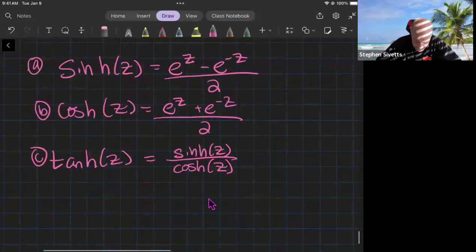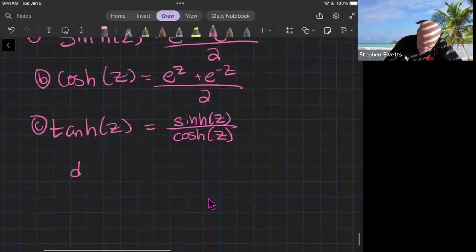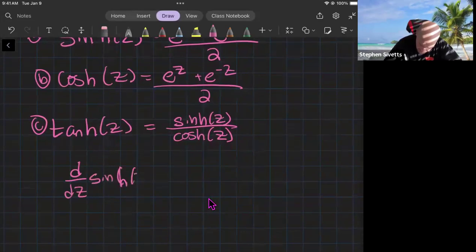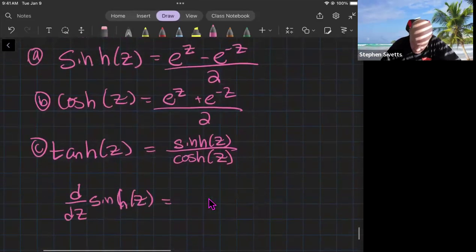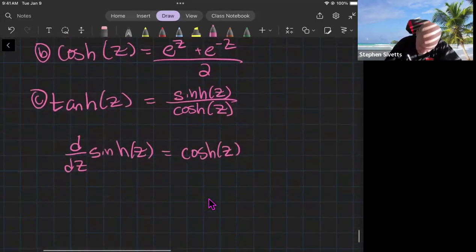Okay, and the derivatives are as follows. The derivative of hyperbolic sine of z: just use differentiation of sums or differences of complex functions, and you'll get hyperbolic cosine z, right?